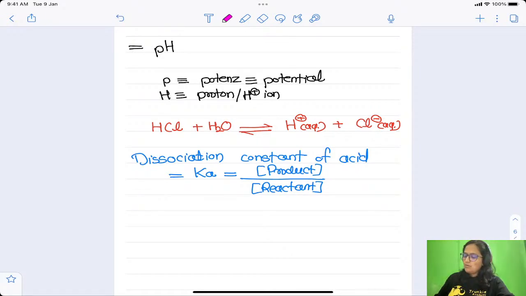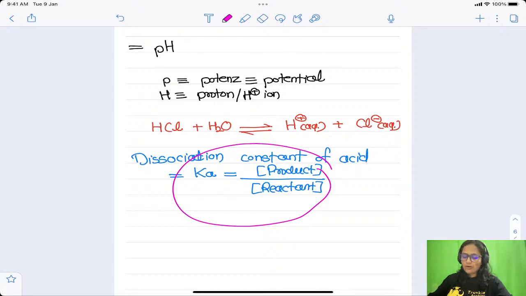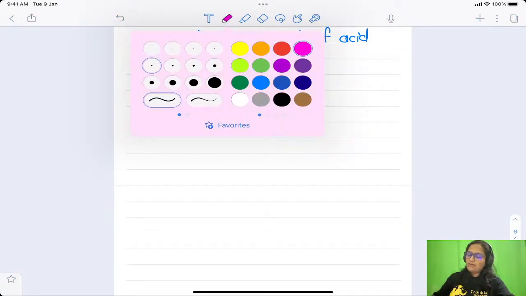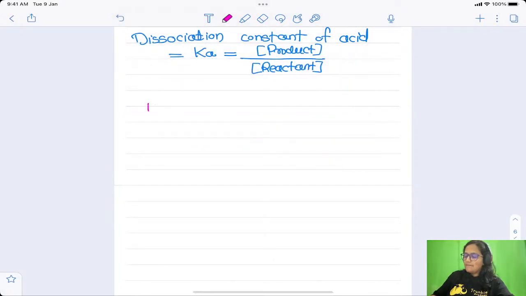Now one more, according to this Ka, the pH will be calculated, or according to the H plus ion concentration, pH will be calculated. There is one formula used for calculation of the pH. What is that? pH is equal to negative logarithm of H plus ion concentration.